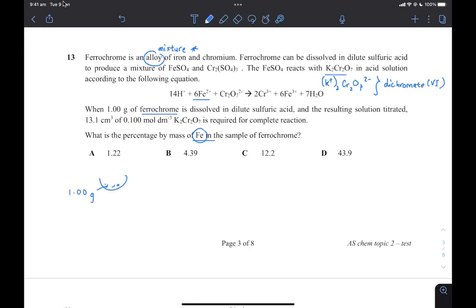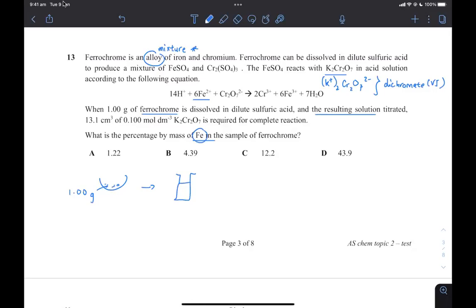What happened then is I dissolve them in acid, and then I get a solution. Do they tell us what solution it is? The resulting solution. So they don't tell us anything. So from this solution, I need 13.1 cm cube, 0.10. Oops, sorry, no. That is just the solution there.